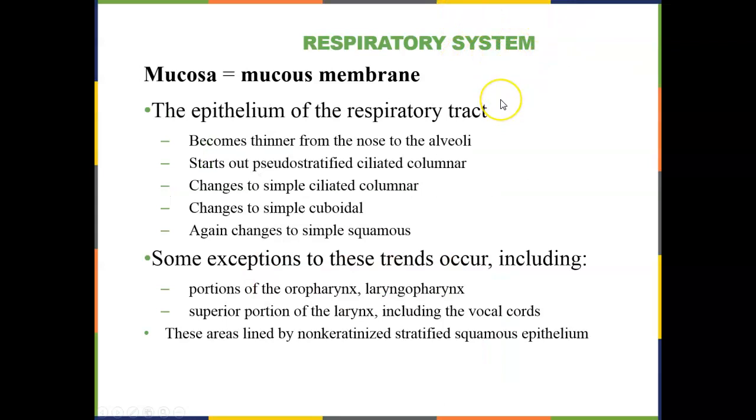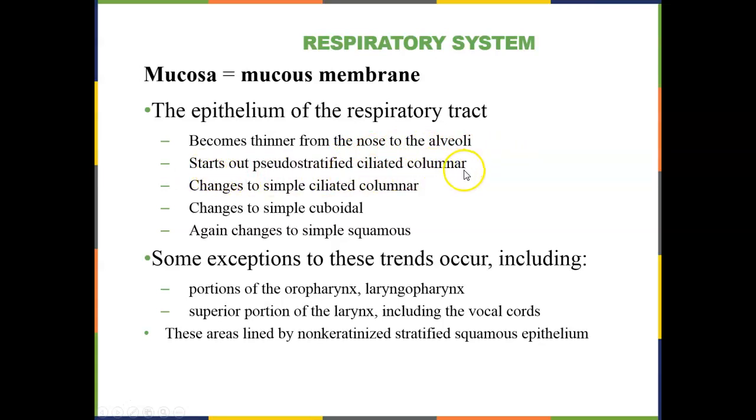There are a few areas that don't have the pseudostratified columnar or simple columnar epithelium, and I'll talk about them in just a second, okay? I just mentioned that the epithelium becomes thinner and thinner as we move from the nasal cavity all the way to the alveoli.